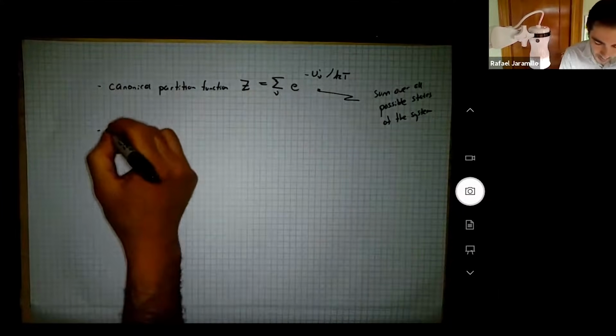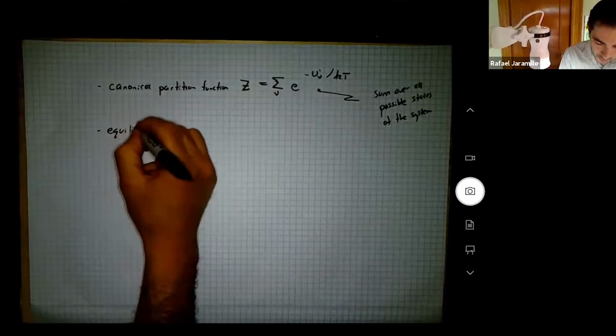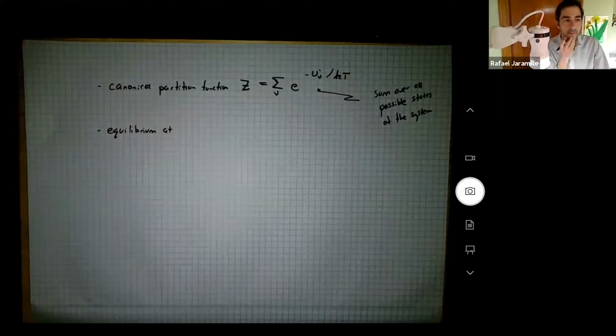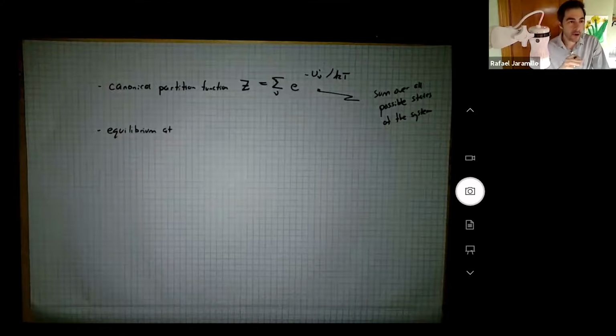And equilibrium, hold on. When we had equilibrium in an isolated system, it was max entropy. Now think back 2 months ago. When we had equilibrium for fixed temperature and fixed pressure, that was minimum Gibbs.